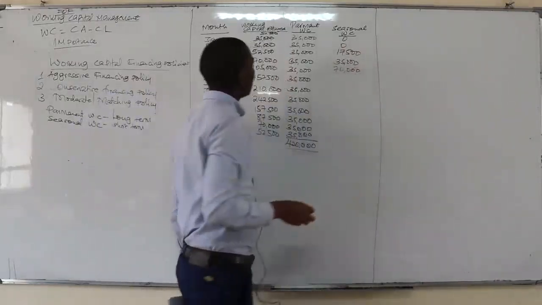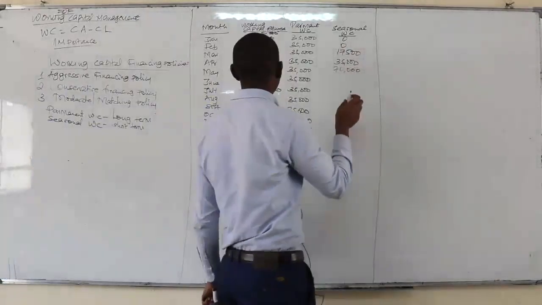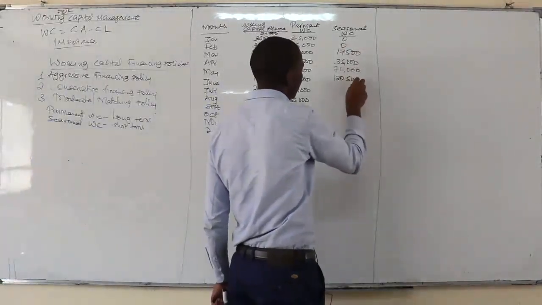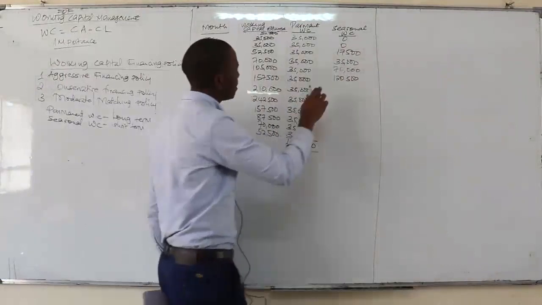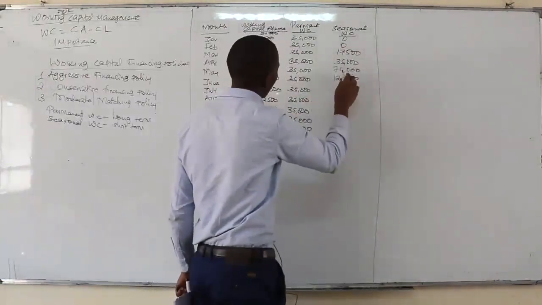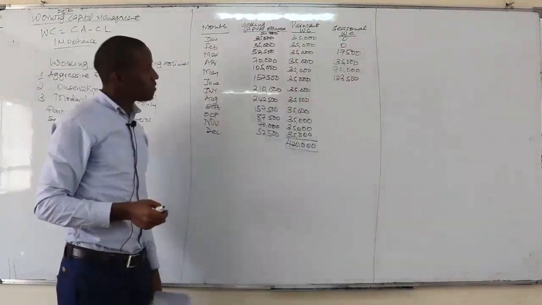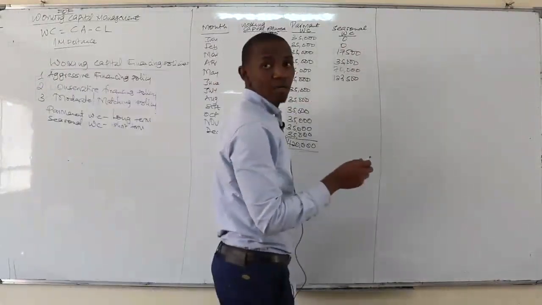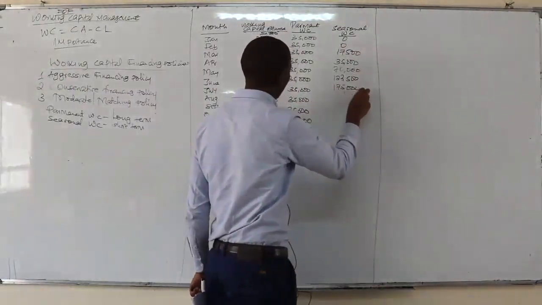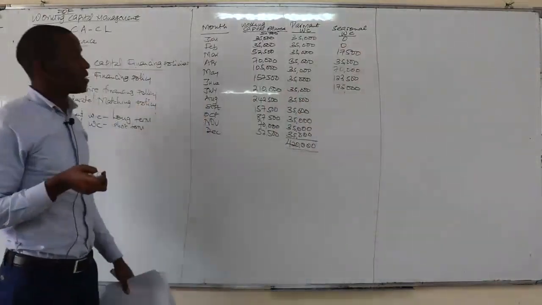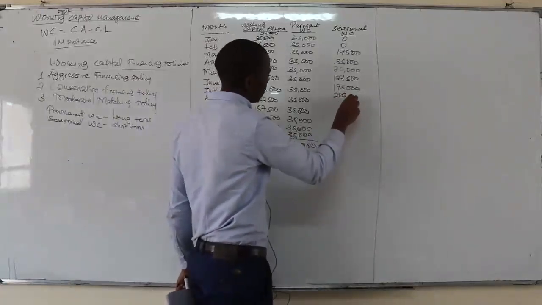105,000 minus 35,000 is 70,000. Then 157,500 minus 35,000 is 122,500. Then 210,000 minus 35,000 is 175,000. 242,500 minus 35,000 is 207,500.